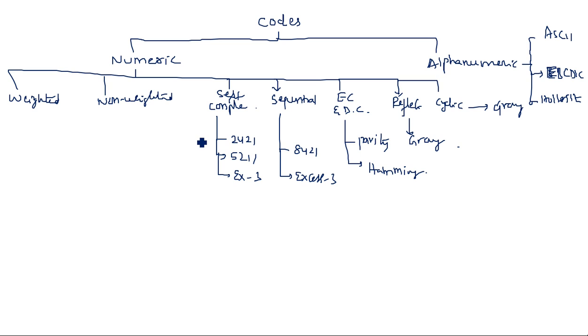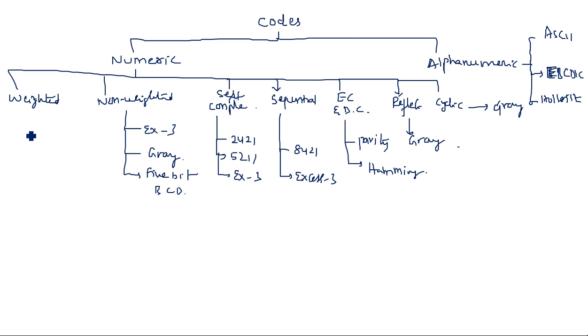XS3 code is nothing but basic 8421 we will take, and then plus 3 is the XS3 code. So non-weighted: XS3 code, gray code. Next, 5-bit BCD codes.